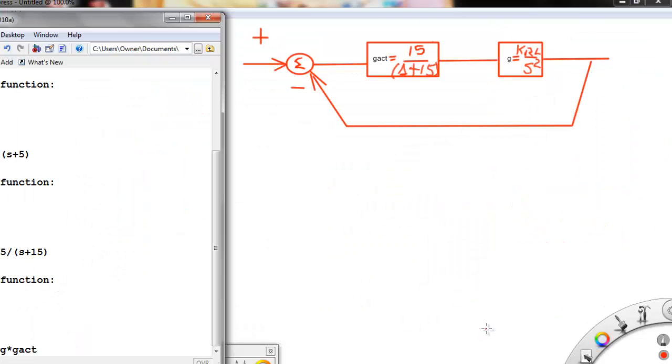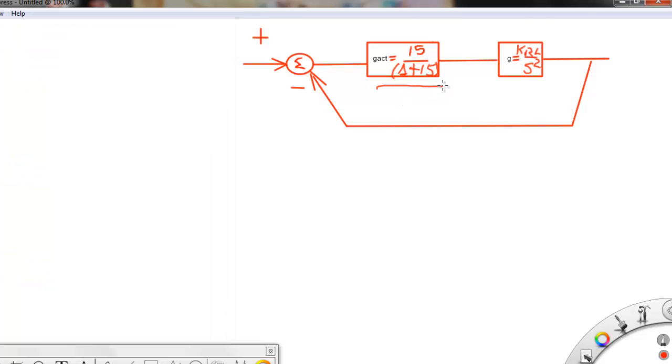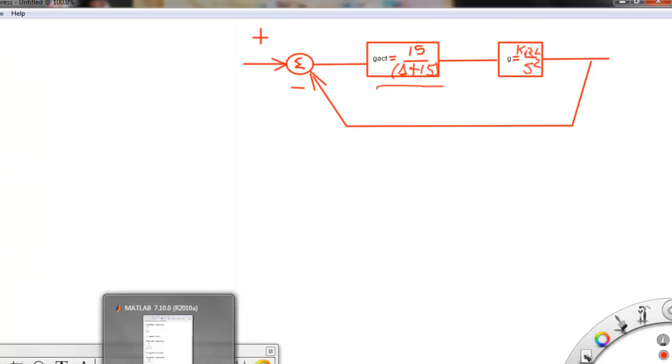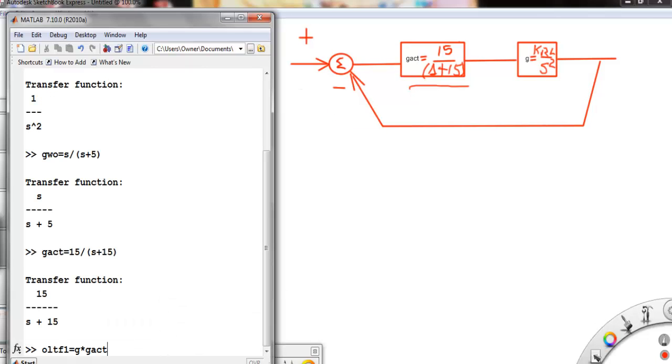Question 6b says we should drive this system with your actuator from lab 1. So I've taken the actuator here to be 15 over S plus 15, driving my system. In MATLAB, my shorthand notation gives me a 1 over S squared. I'm holding a washout of S over S plus 5, and my actuator is 15 over S plus 15.